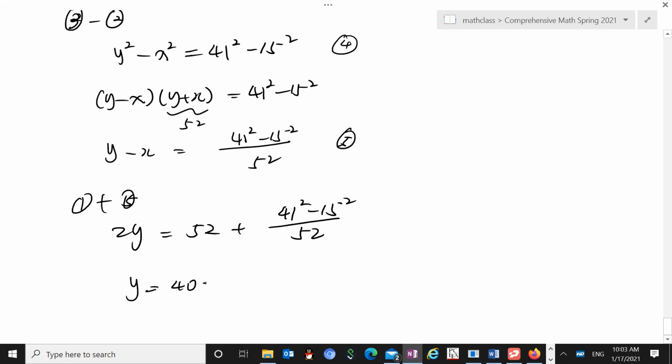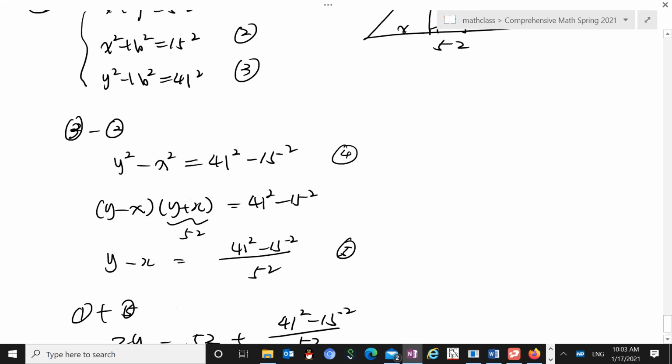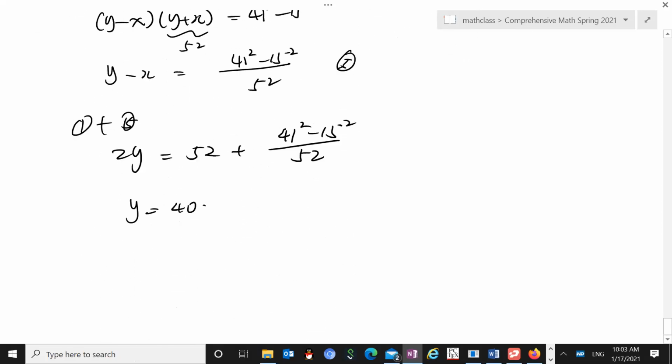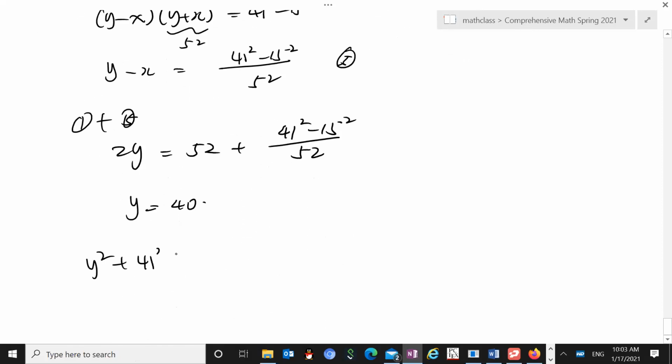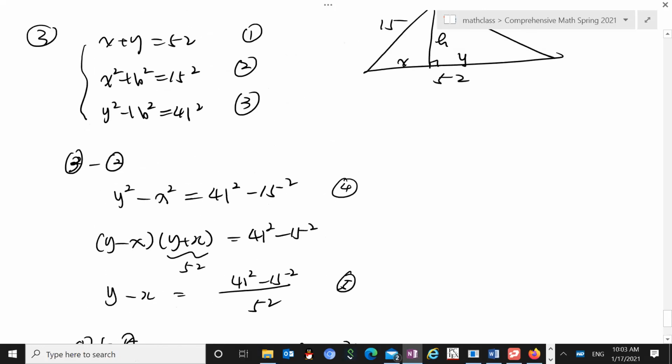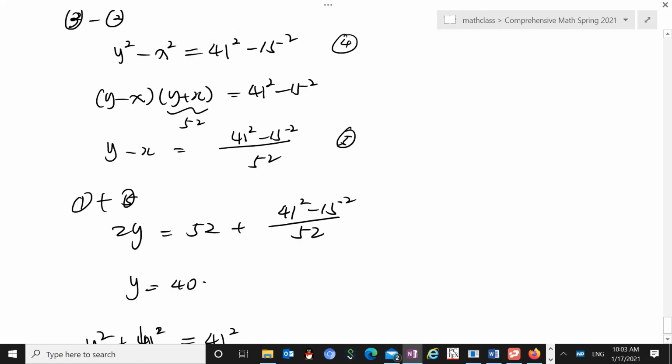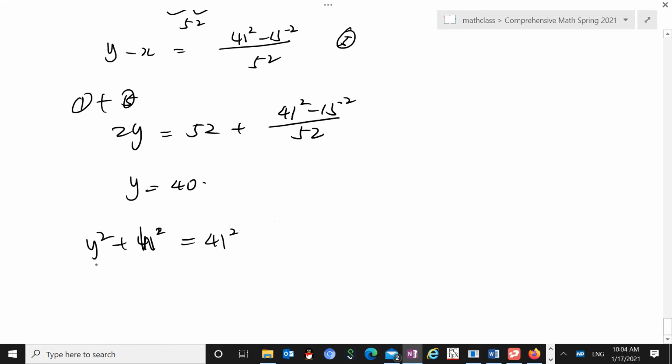Eventually you can find it. Once you get 40, you can use any of the equations above: y squared plus h squared equals 41 squared. So h squared is 41 squared minus 40 squared.